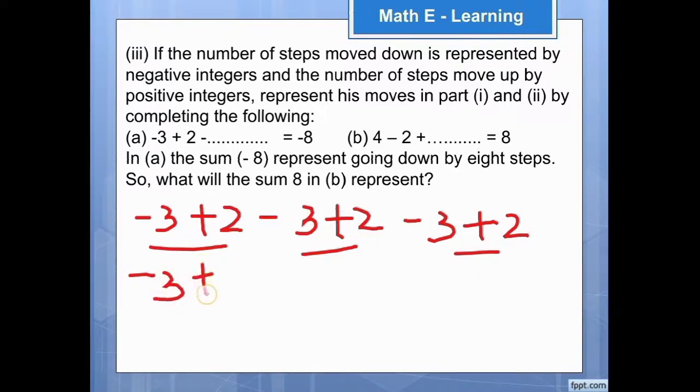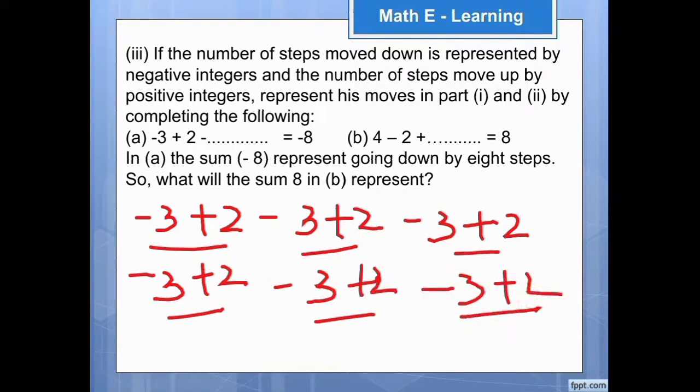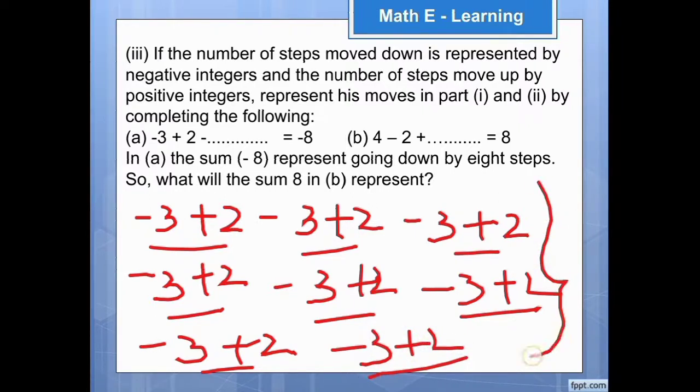Minus 3 plus 2, fourth time. Minus 3 plus 2, fifth time. Minus 3 plus 2, sixth time. Minus 3 plus 2, seventh time. Then minus 3 plus 2, eighth time. So you have to write this 8 times to get this answer minus 8. So we have completed this series here.